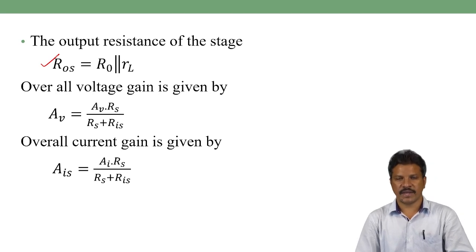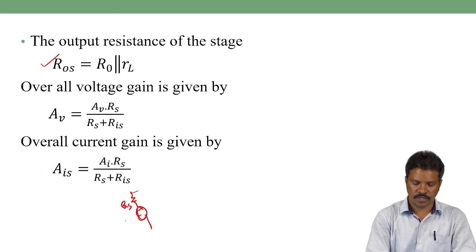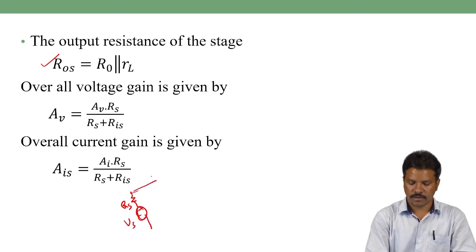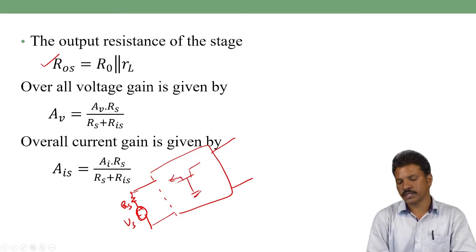In a common base configuration, there is a voltage source Vs with internal resistance Rs, and a transistor connected in common base, where the base is connected to ground and the input is the emitter.